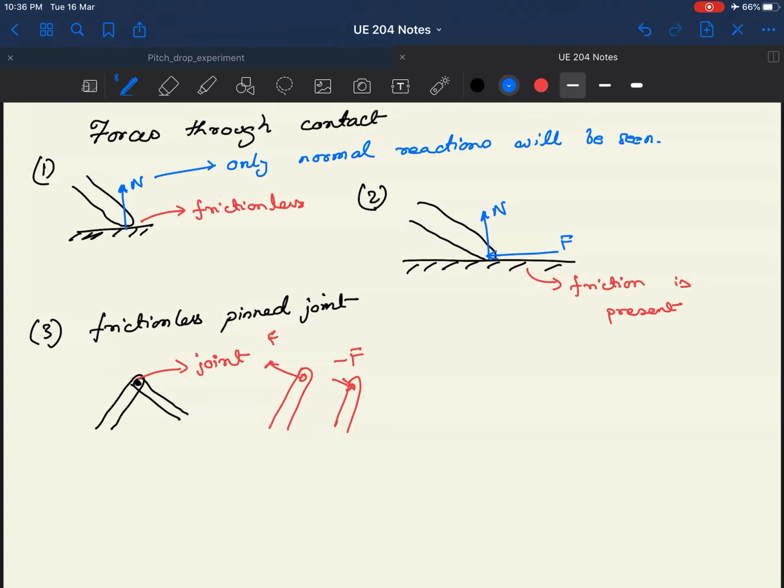Okay, so frictionless pin joint is force passing through pin without a torque.